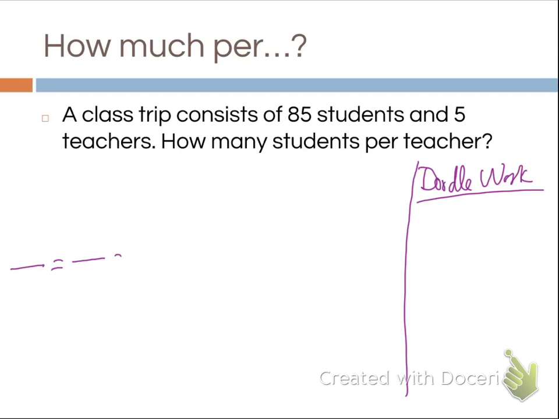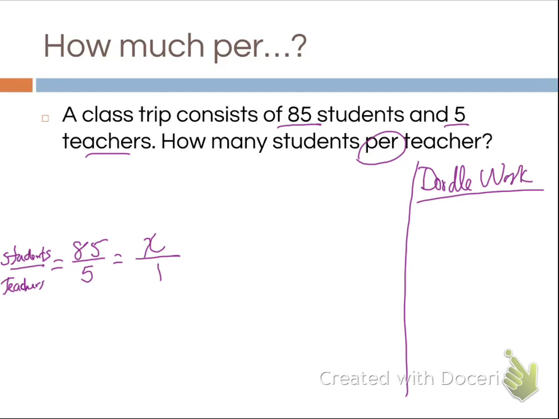So I'm going to set up my proportion, and I know that I'm comparing students to teachers. It says that we have 85 students and 5 teachers, so this is an 85 to 5 ratio. But I need to figure out how many students per teacher. That word per, just like unit, means for 1.